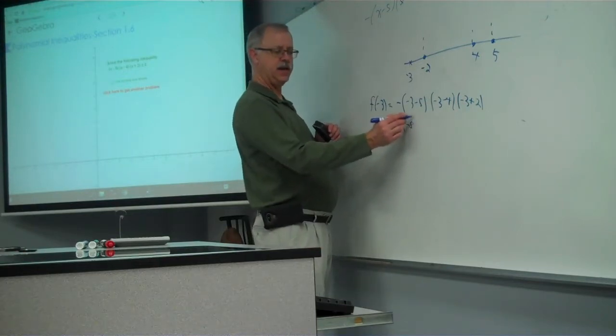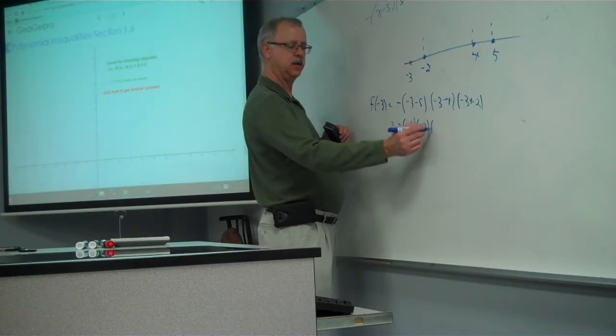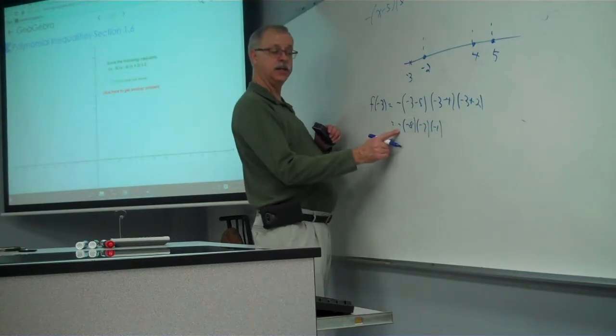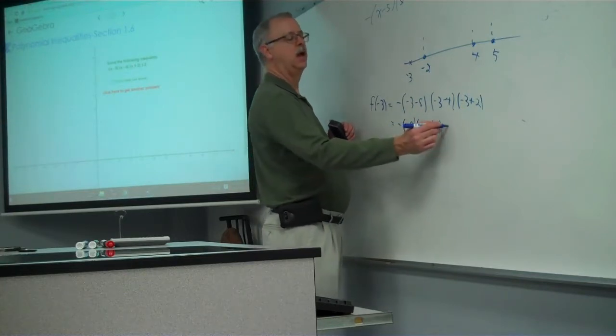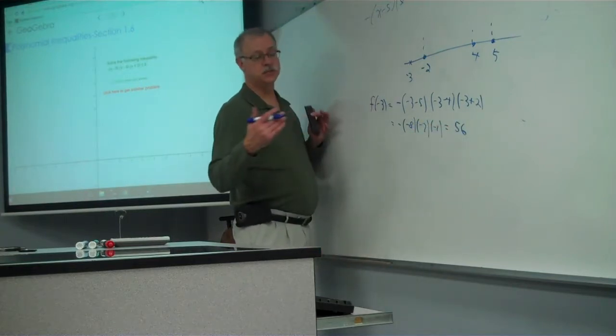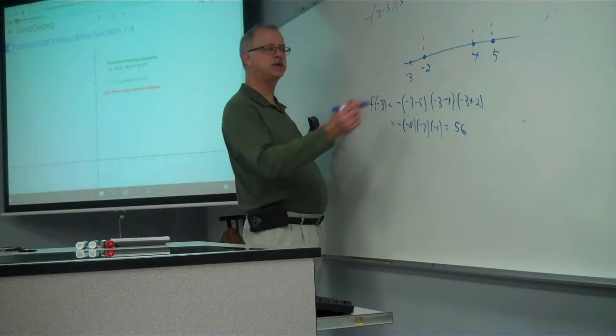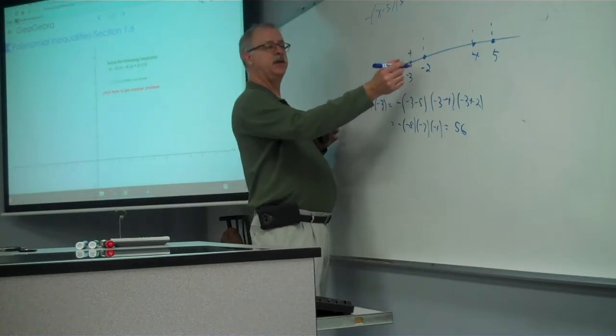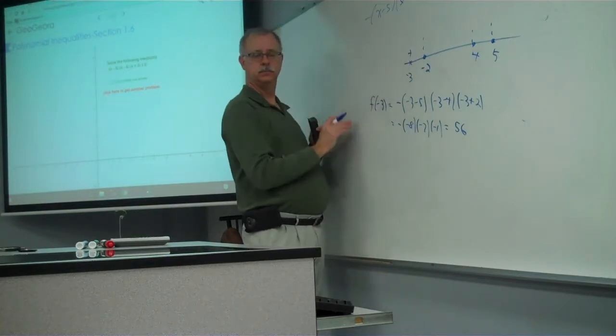So I've got a minus 8, a minus 7, a minus 1, and another minus. It's positive. If you want to figure out that it's positive 56, that's fine, but it is positive here. If it's positive here, it's positive throughout.